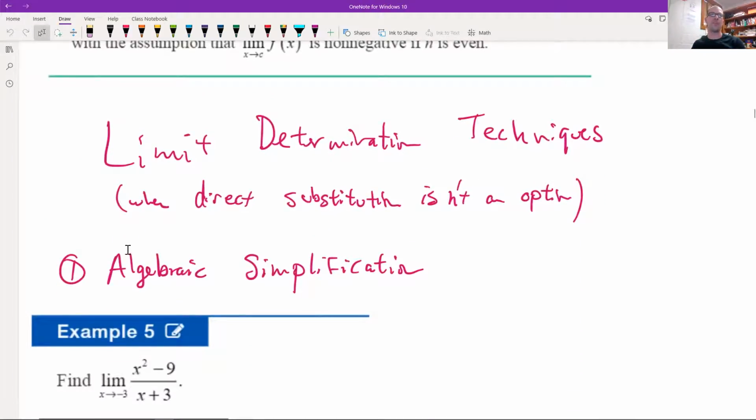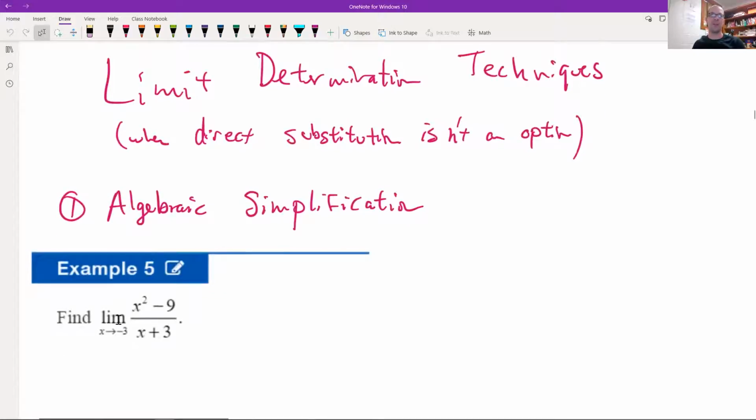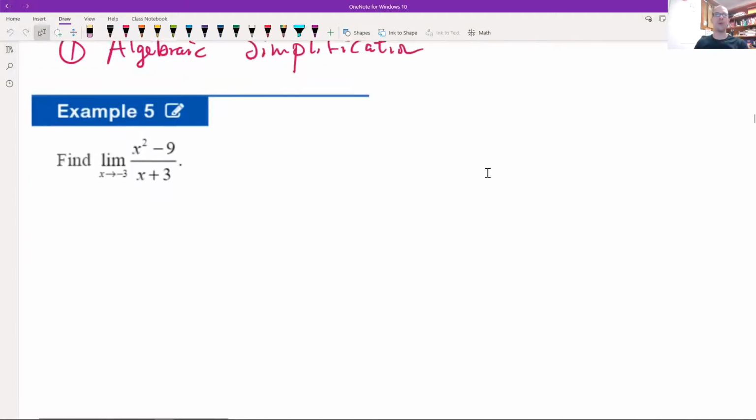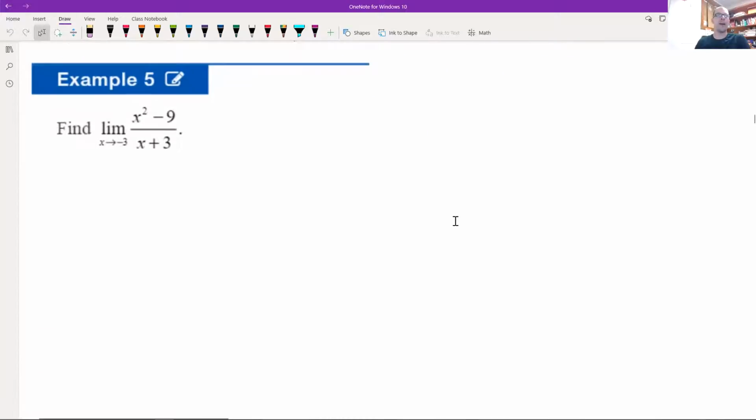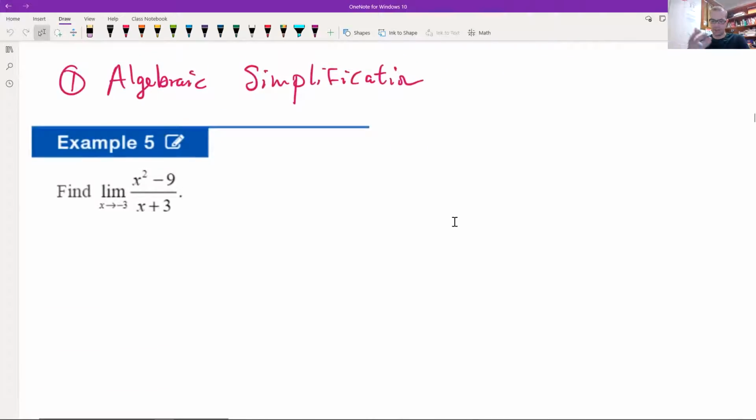Just to review, for determining limits when direct substitution doesn't work the first time you try it, the first one would be algebraic simplification. If we can just simplify it and solve, great. In this case, if we put in -3 on top and bottom of this fraction, we're going to get 0 on top and bottom, which means that we're in an indeterminate form.